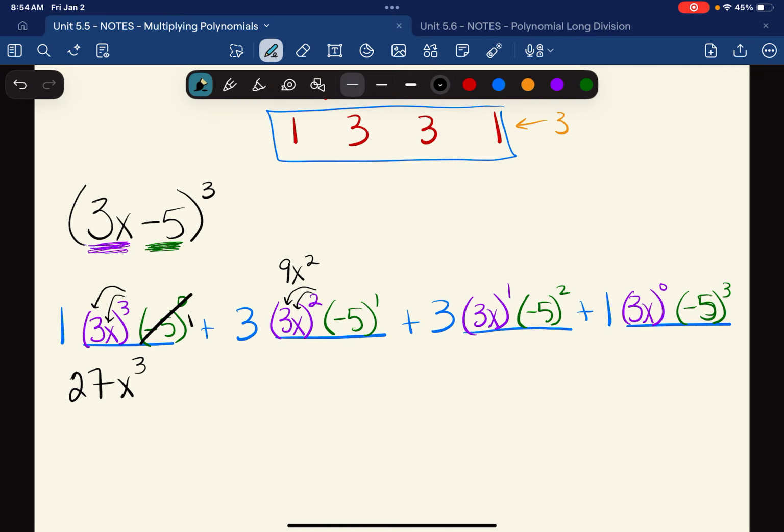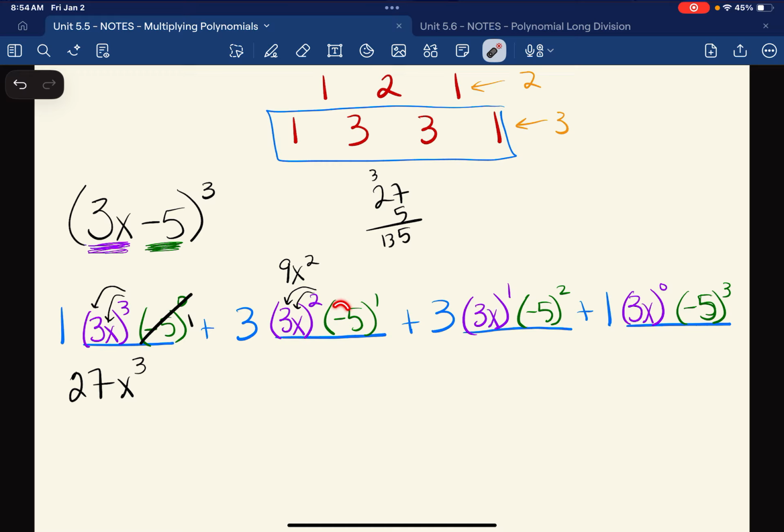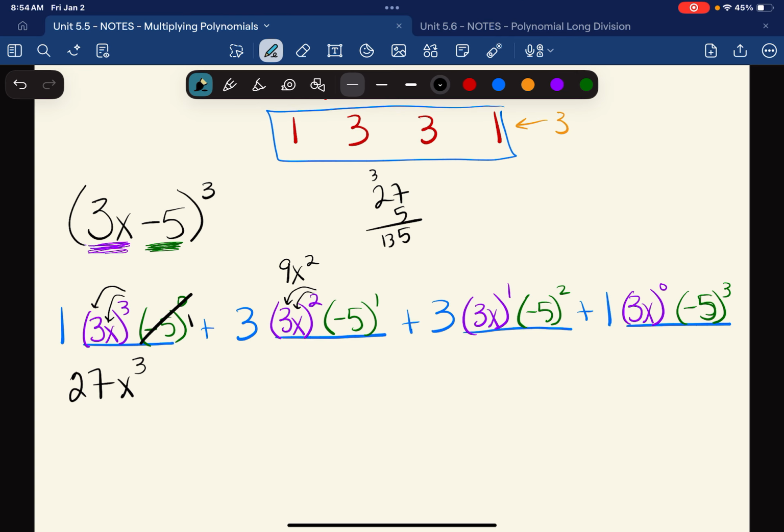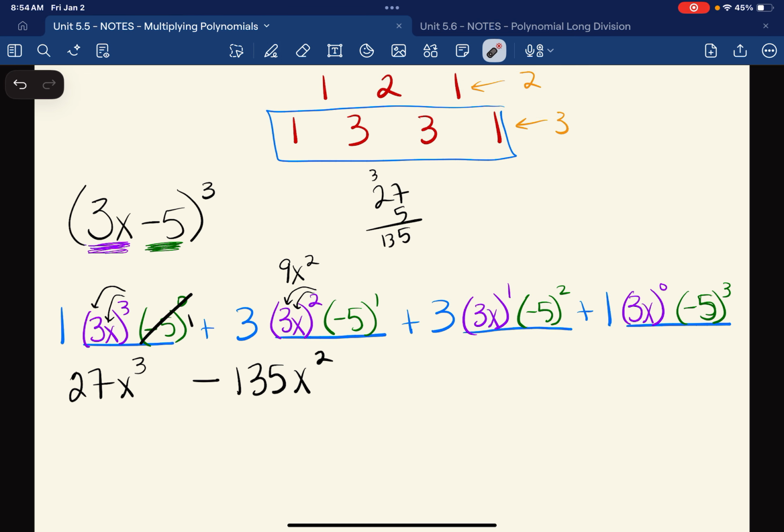We've got 27 times 5. That gives us 35, carry your 3, that's 135. But because we multiplied by a negative value, I know I'm going to have minus 135x squared.